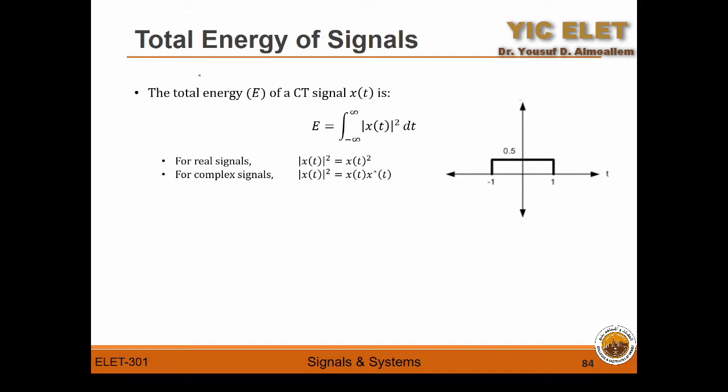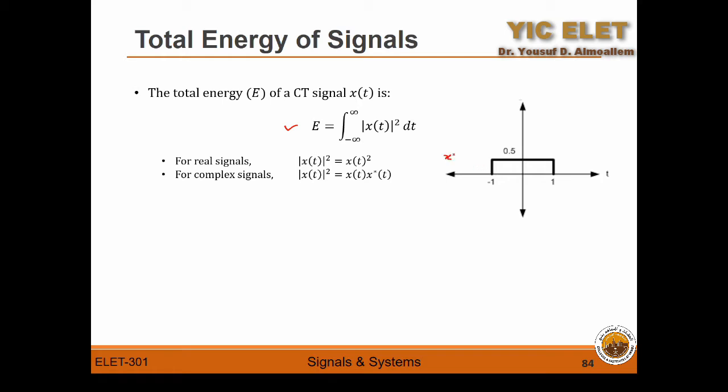Starting with the energy, the total energy of a continuous signal is given by this equation, where we have to consider from minus infinity all the way to infinity the square of the absolute value of x. If it is real, it will be simply x squared. And if it is complex, then it will be x times x conjugate. Considering the integration, for this example, we have to square this part.